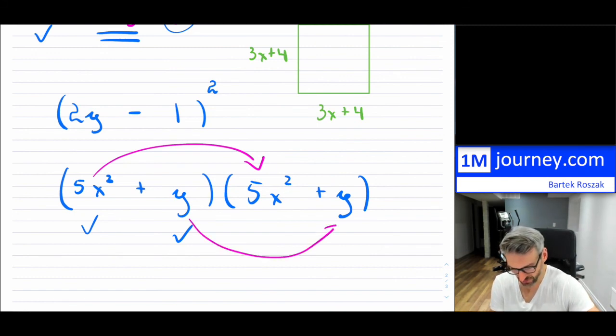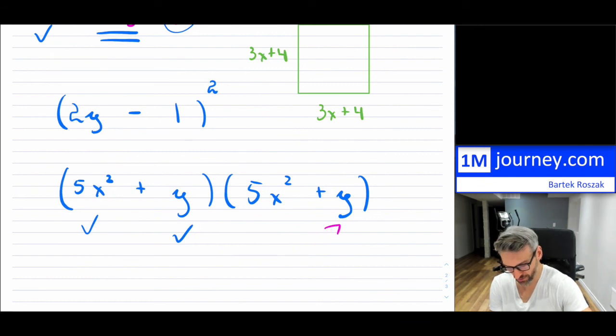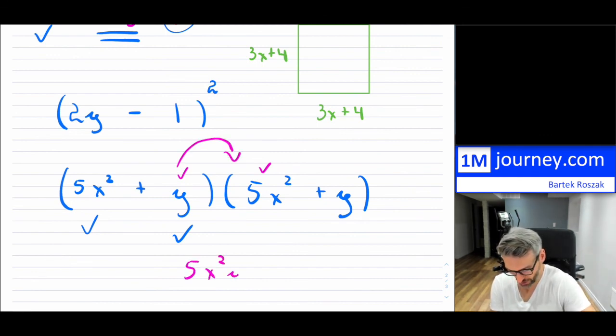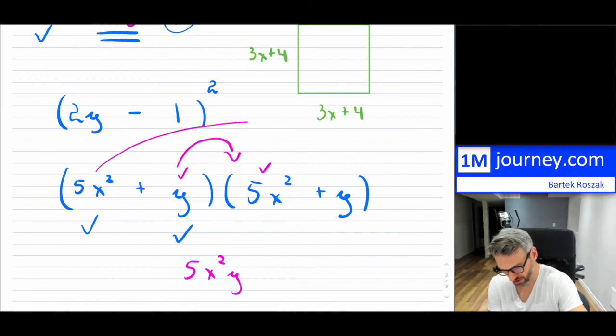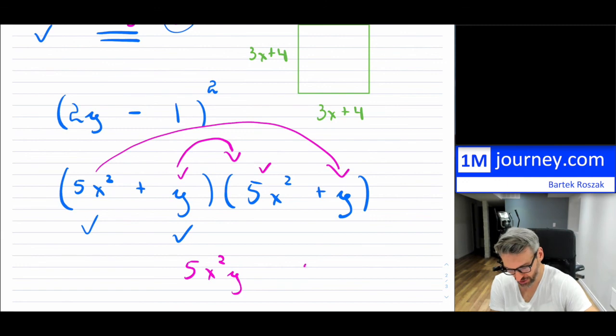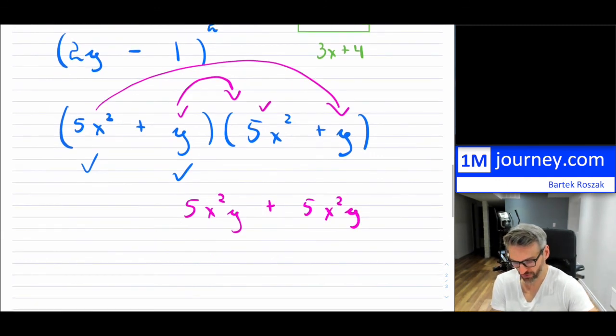This times that gives you your last term. But your middle term is always going to be your second, so this times your first. So that's why I'm multiplying these. And notice I'm going to get 5x squared y from there. And then your second one is this right here, times that. And that is also 5x squared y. And that's why you have 2 of them. And that is your middle term that you have there.